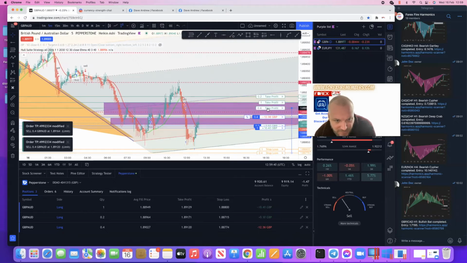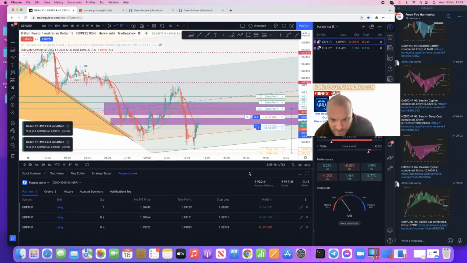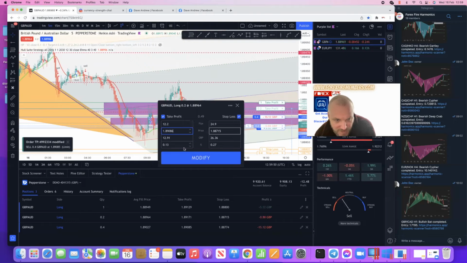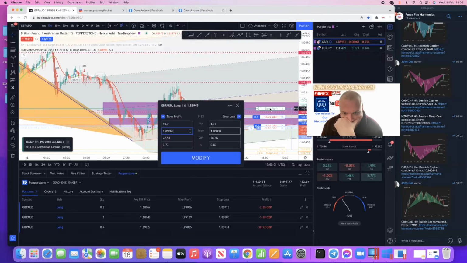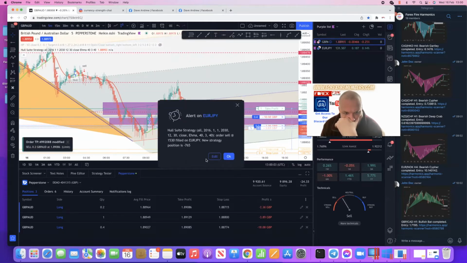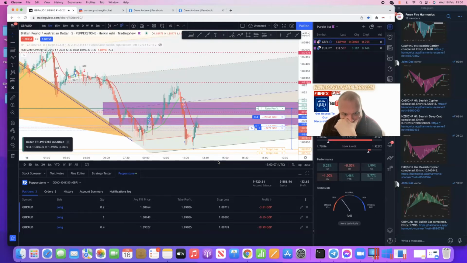Right, I'm going to try and factor in some things here. So that would take us to, we'll see a 12, so that's 32. So 32 to 40, 43. I'll try and take some minimal profits off here.